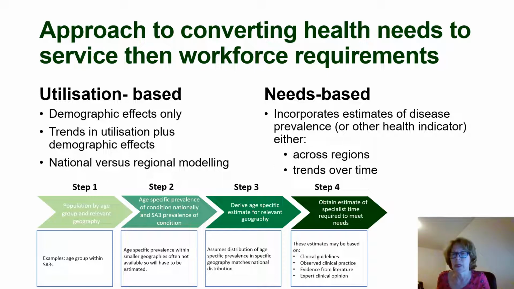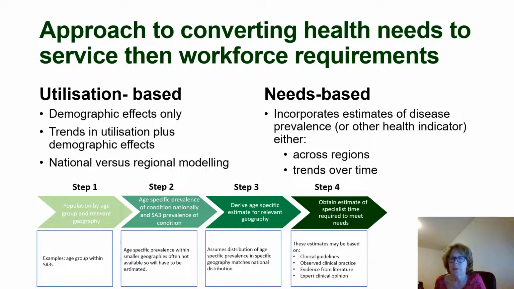It may be available at a national level, but it's possible to derive an estimate at a small area level by using age-specific prevalence of a condition and applying that to the age breakdown at a local level. In that way, you can derive an estimate for a particular locality. In this case, we're looking at SA3s, and that would give you a measure of disease prevalence at that level.